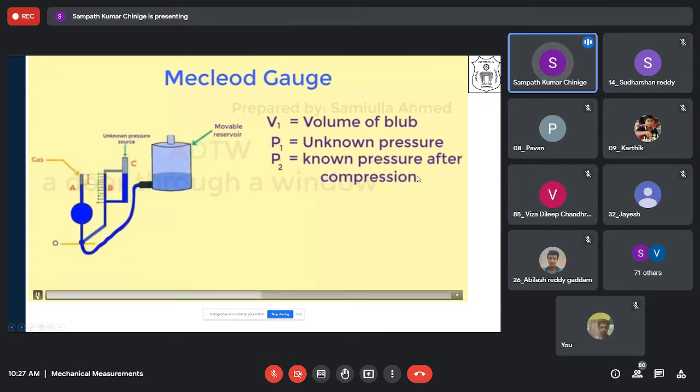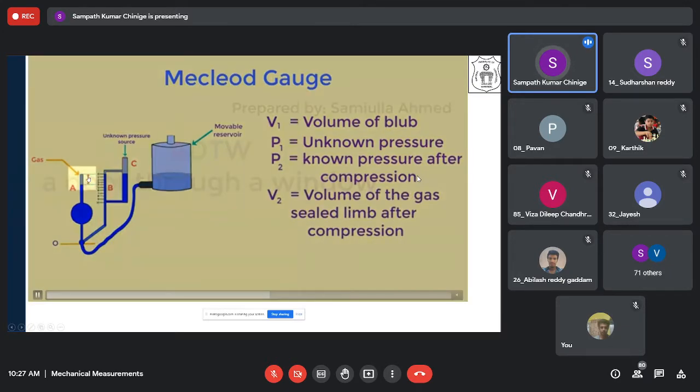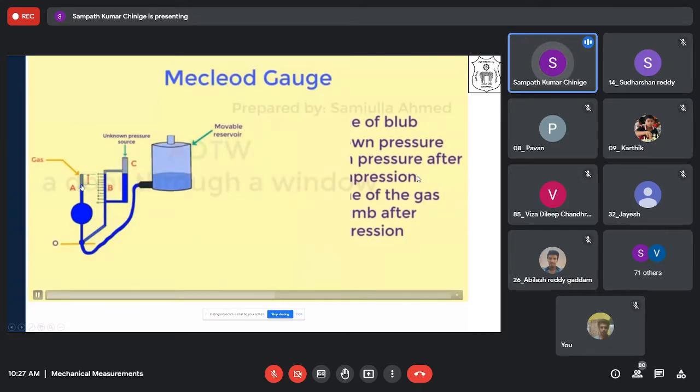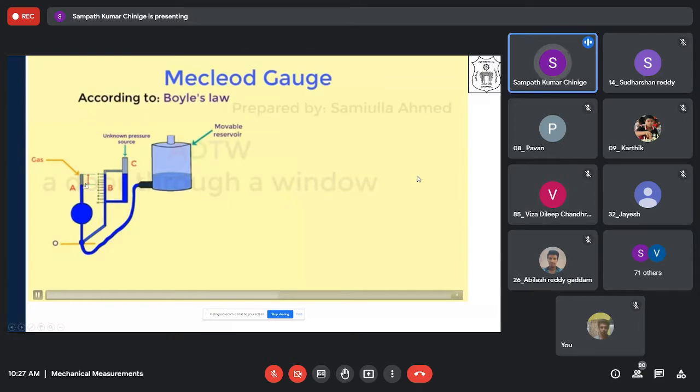Now once I move this reservoir to a next height, I get a known pressure after compression, and I found the height h. So P2 is known. V2 is also known, because h is known and the area is known. I know this small diameter, so the area pi by 4 d square into h I will know. From this I will find the mathematical equation according to Boyle's law.